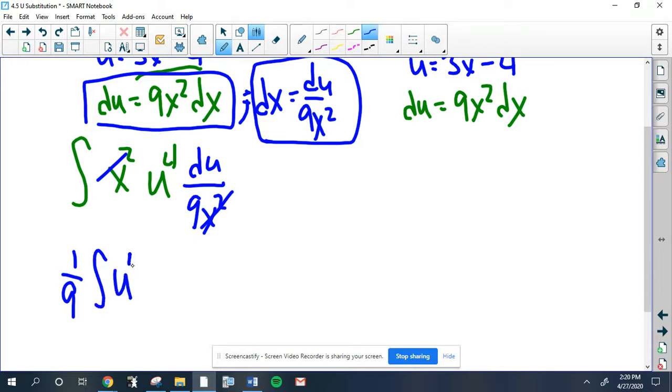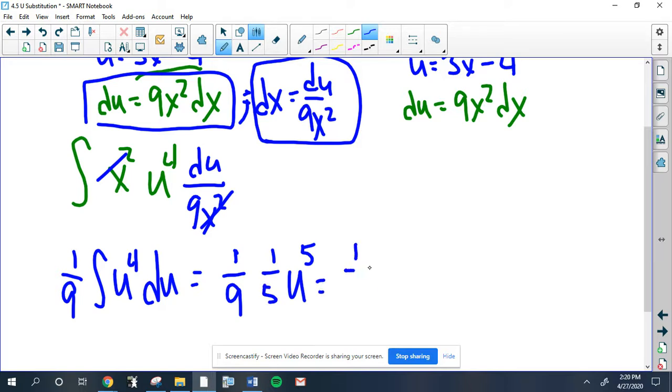So you're left with this, and this is an integral that you can easily use the power rule on because it's u to the fourth du. So that turns out to be just u to the fifth times the reciprocal, which is 1 over 45 u to the fifth.